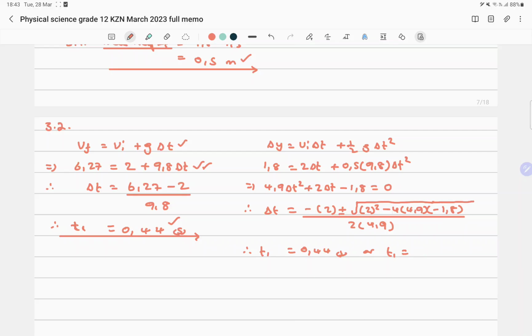Now let's see what happens when we put a negative in there. Obviously, if this is negative, the numerator becomes negative. This one is going to give a negative answer, which is minus 0,84. Time cannot be negative, right?